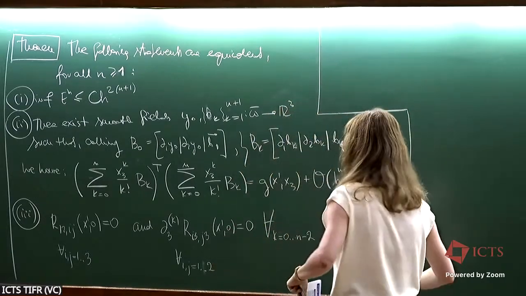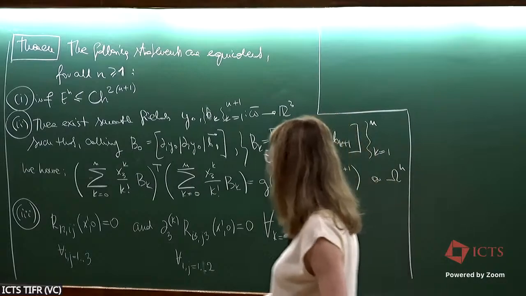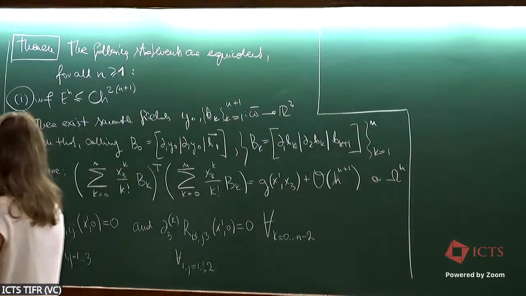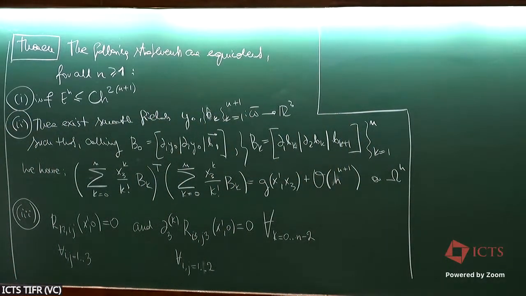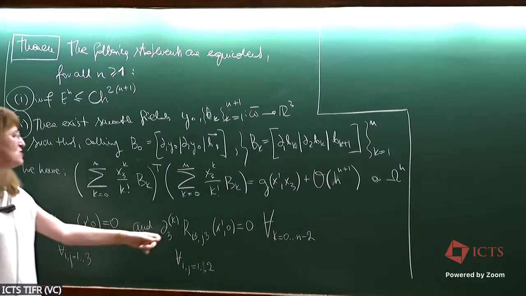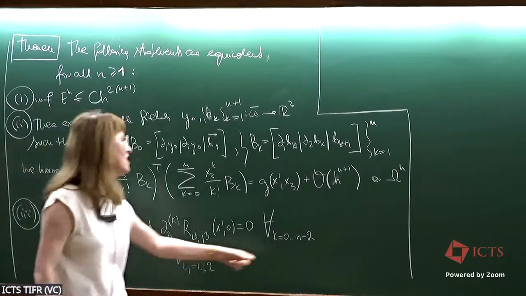Okay, so that's very interesting. That's the way of detecting the scaling of energy of order h to power 4 or h to power 6, but only those powers are possible. You have to look at the vanishing of the Riemann curvature tensor on the midplane up to a certain order, which turns out to be n minus 2.